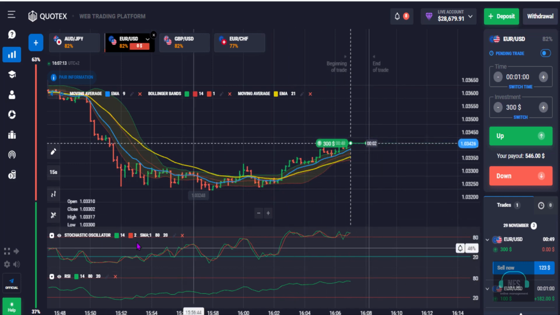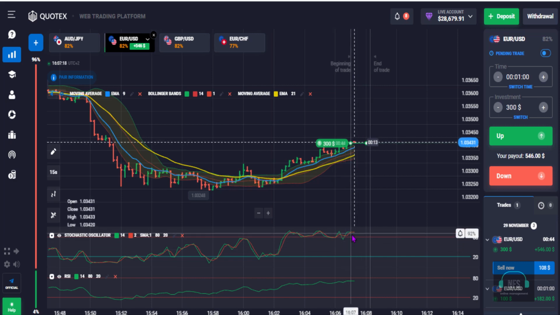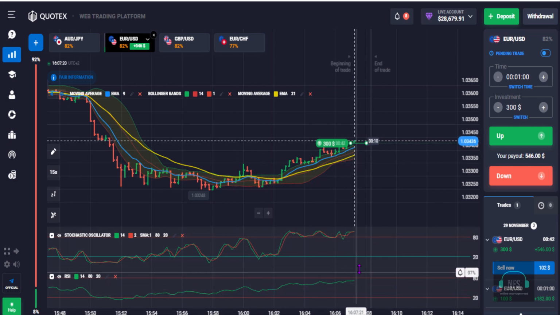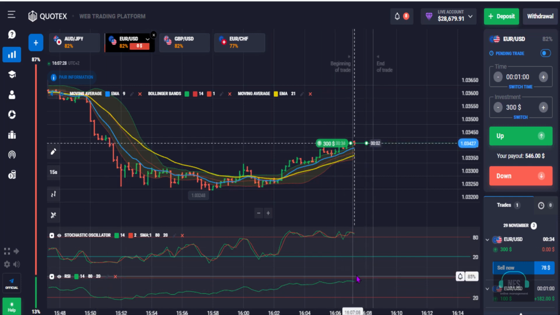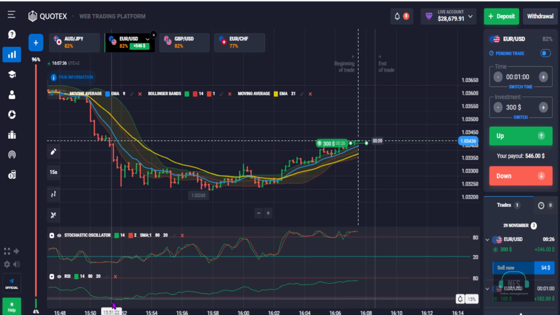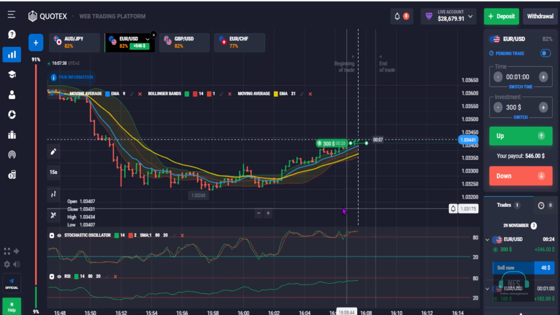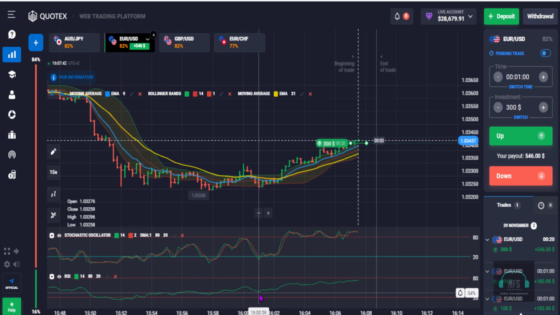On the stochastic oscillator we are on the overbought level, but with RSI we are still not there, so probably the price will pump up a little bit more until it reaches the RSI overbought level of 80. And as you can see, it was here in the oversold level, and yes, it's pumping up more.